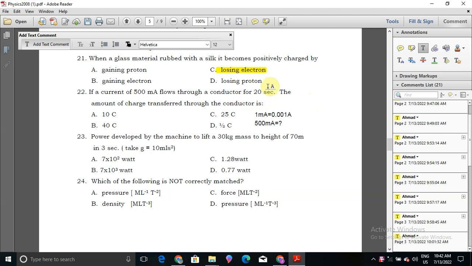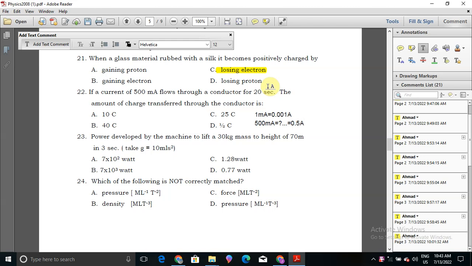When we cancel milliampere with milliampere, it will be 500 only, and we have 0.001 ampere, so that means when we cross-multiply, 0.001 ampere times 500 will give us what? Will give us 0.5 ampere.